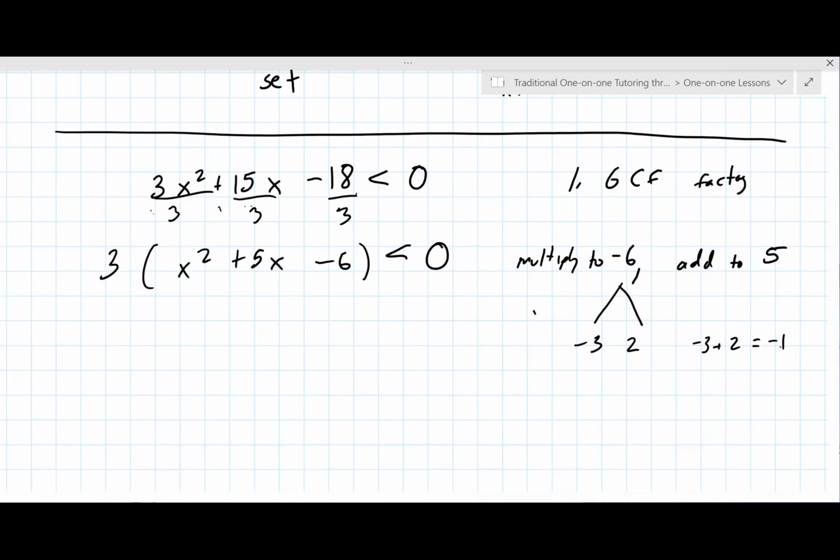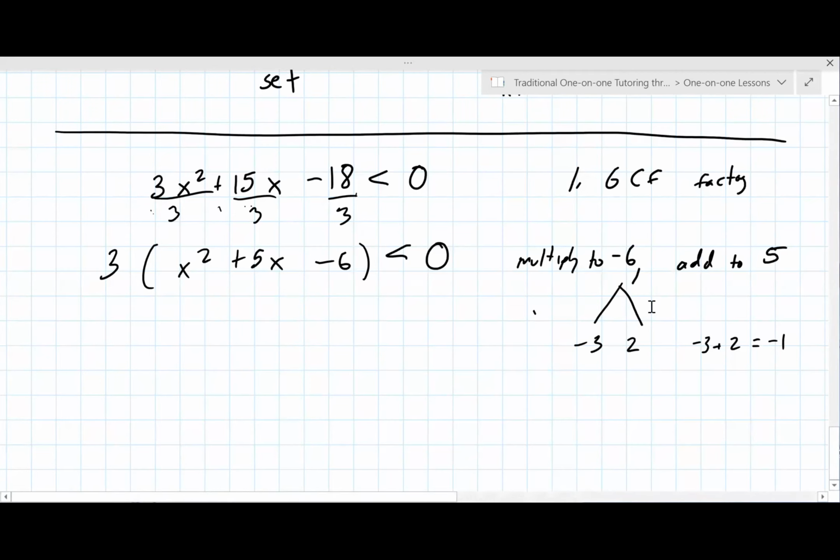Any other ideas? You've got to find two numbers.